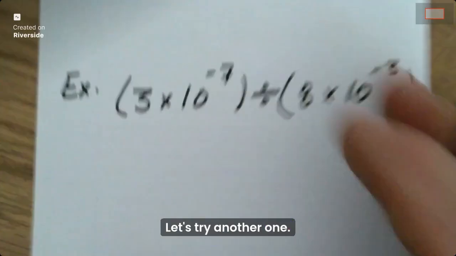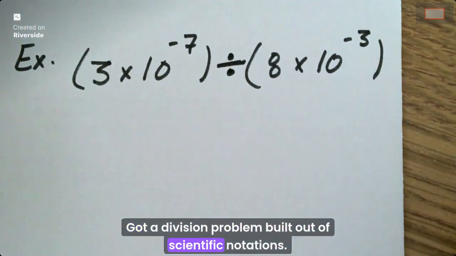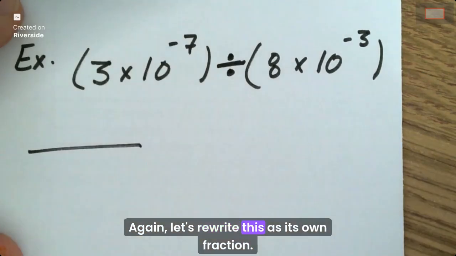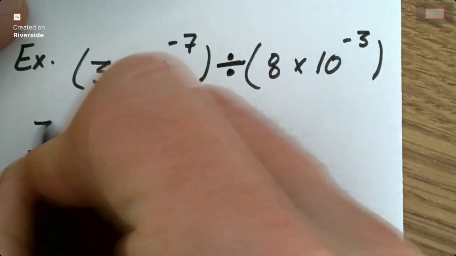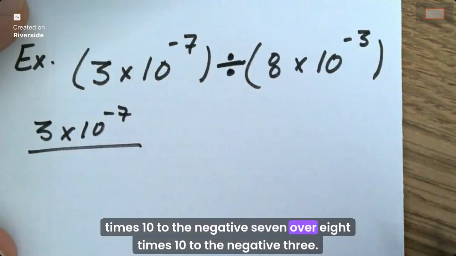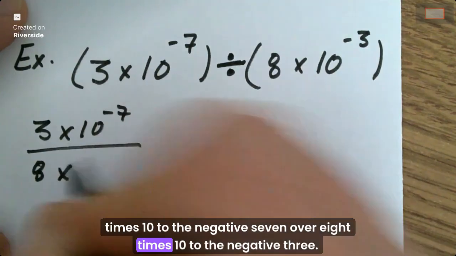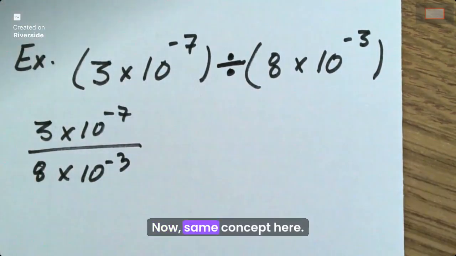Let's try another one. Okay, so I got another one down here. Got a division problem built out of scientific notations. Again, let's rewrite this as its own fraction. So I get 3 times 10 to the negative 7 over 8 times 10 to the negative 3. Now, same concept here.